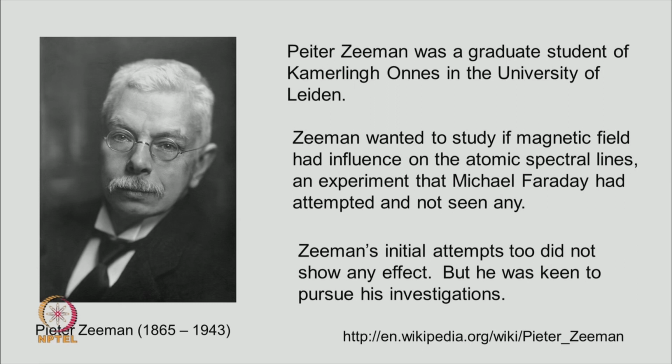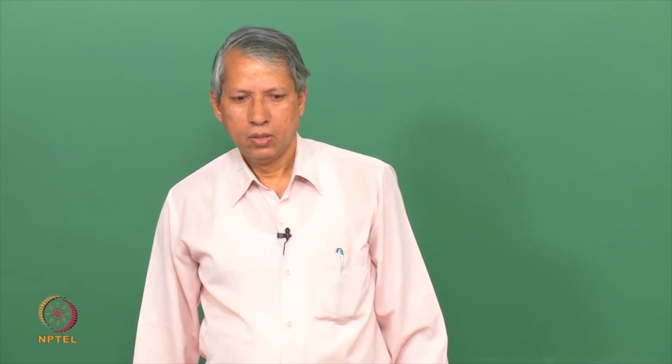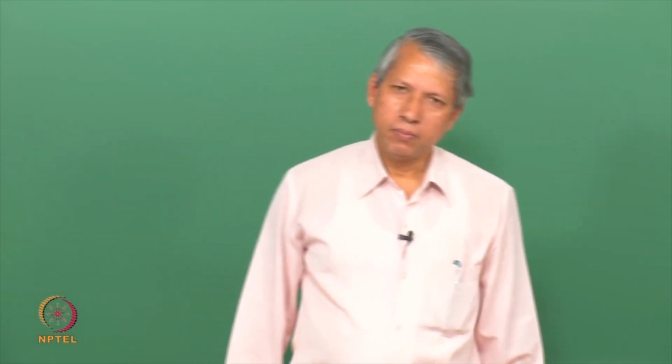He was a graduate student, what we call research scholars, of Kamerlingh-Onnes in the University of Leiden. Now, Zeeman wanted to study if a magnetic field had an influence on the atomic spectral lines. In those days, it was already known that atomic spectra come in the form of discrete lines. So, he wanted to study if a magnetic field could show any effect on them.